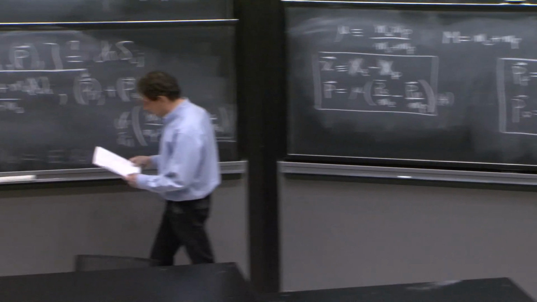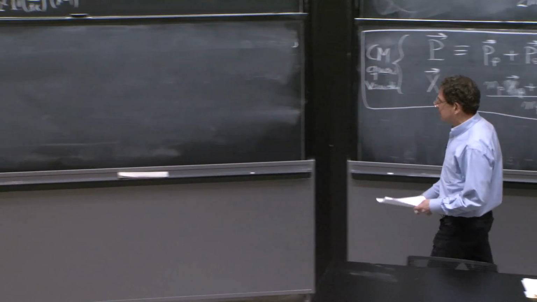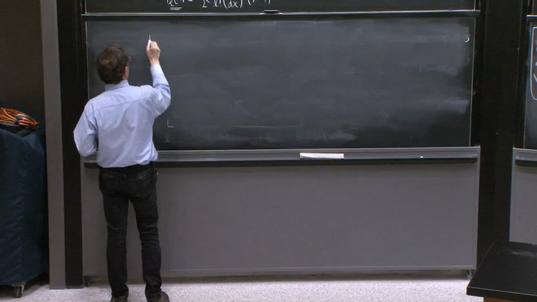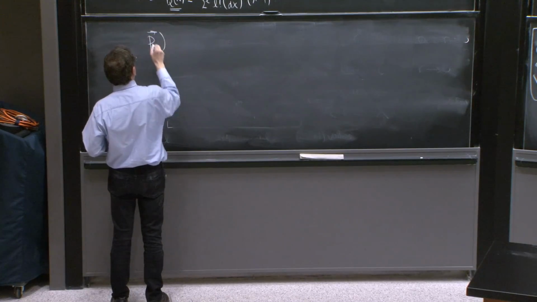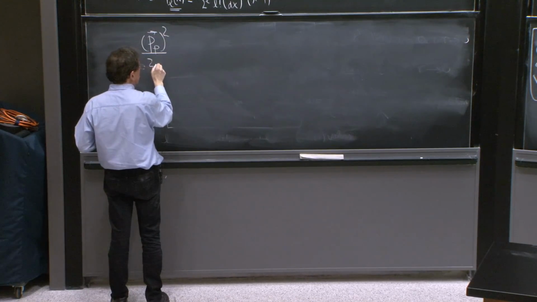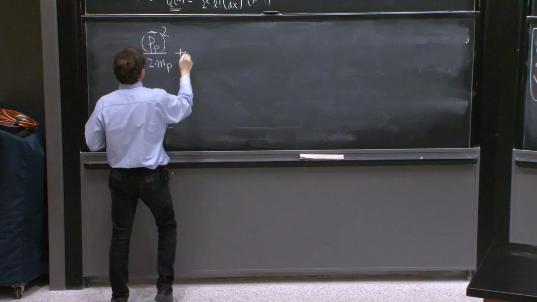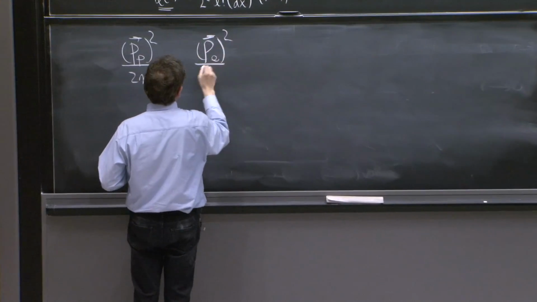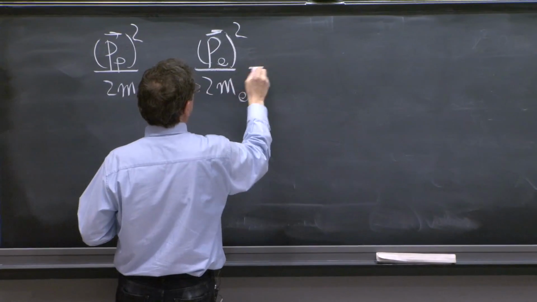So the thing that we have to compute is the first two terms in the Hamiltonian, P of the proton squared over 2 m of the proton plus P of the electron squared over 2 mass of the electron.